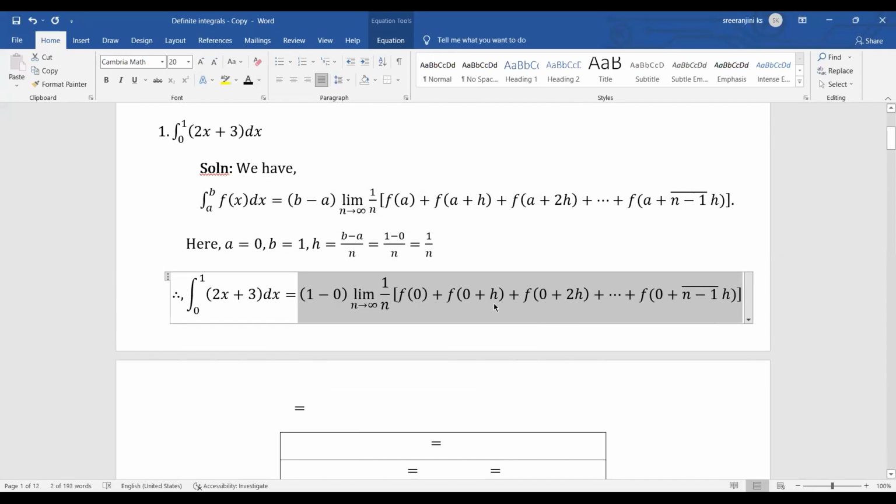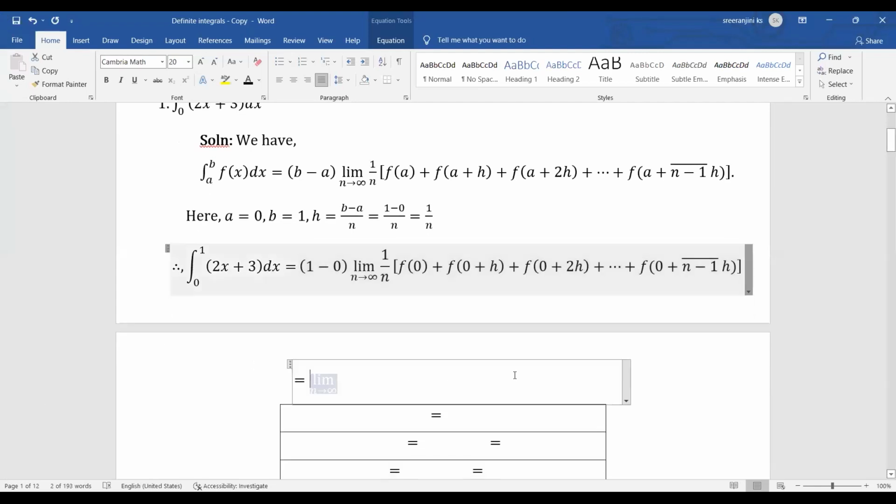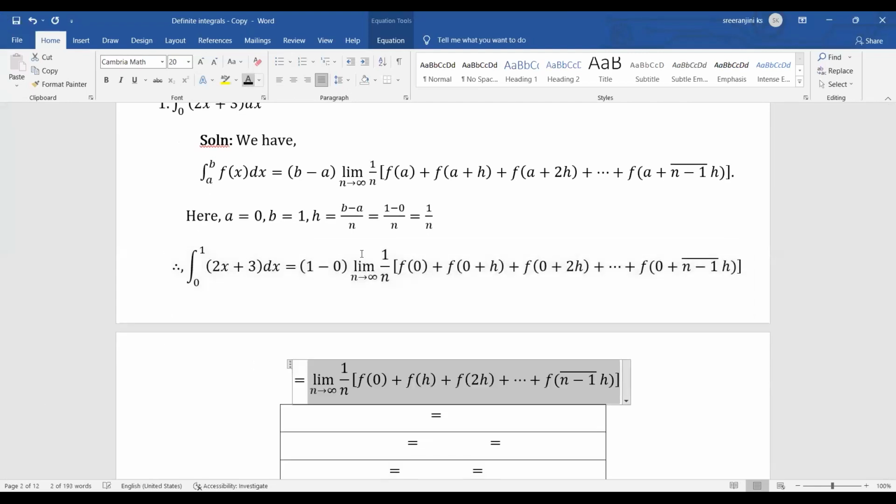No need to write 0 plus h, 0 plus 2h. Instead, we can simply write f of h, f of 2h, f of n minus 1 h. So that is equal to 1, limit n tends to infinity, 1 by n, f of 0 plus f of h plus f of 2h plus etc. plus f of n minus 1 h.